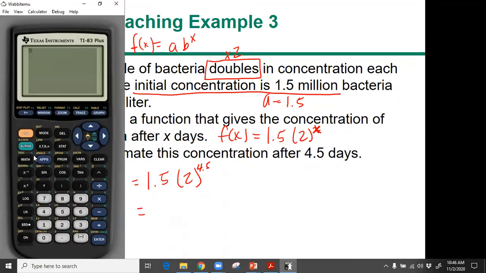All right. So again, in the calculator, you're just typing 1.5 times 2, parentheses, 4.5. So that's inputting it into the calculator, hitting enter, and you get 33.9 million.